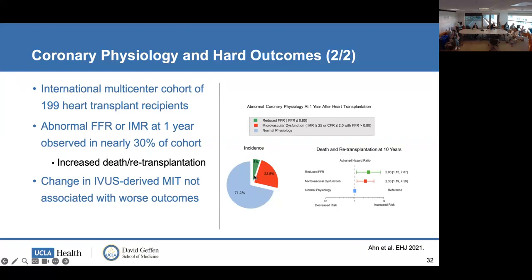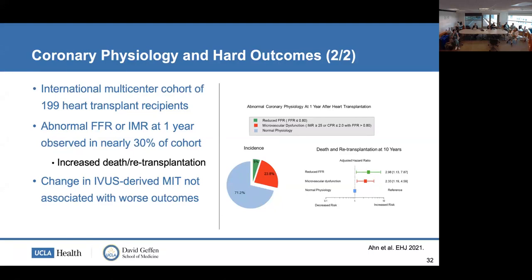Not surprisingly, very few patients had obstructive disease enough to cause an epicardial reduction in flow to an FFR less than 0.8, but nearly a quarter of patients had microvascular dysfunction. As you see here on the right, on this forest plot, abnormal coronary physiology, whether it was a reduced FFR or an increased IMR, was associated with worse death and retransplant at 10 years.